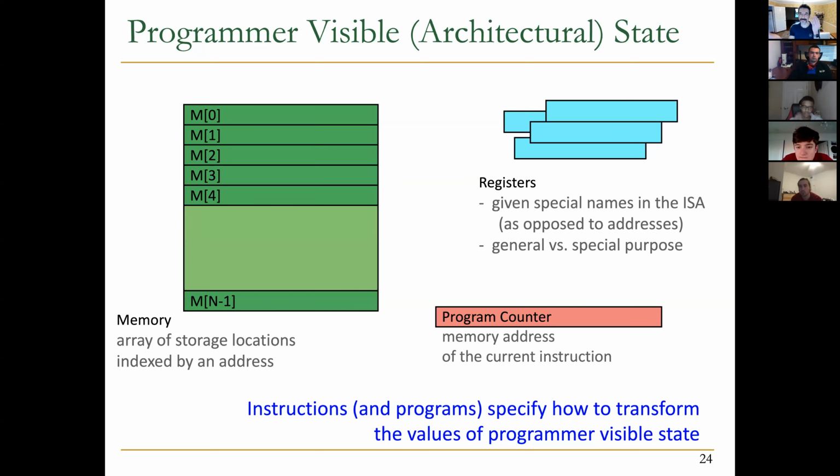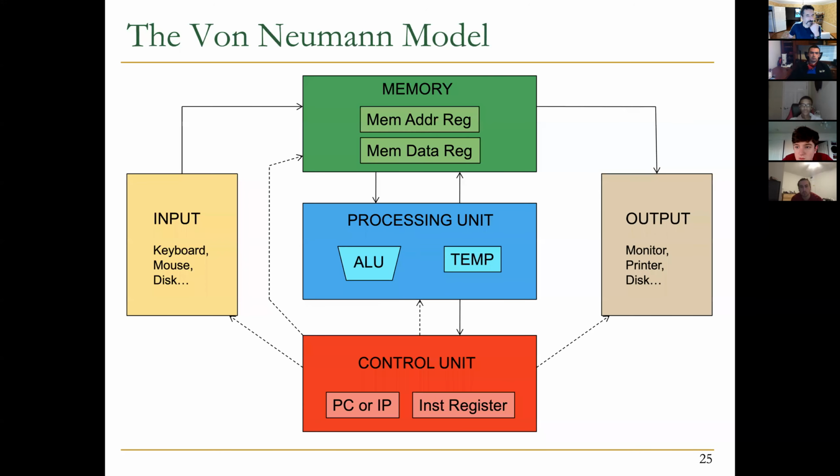Memory, registers, or program counter. So this is the whole model of what is called the von Neumann model.